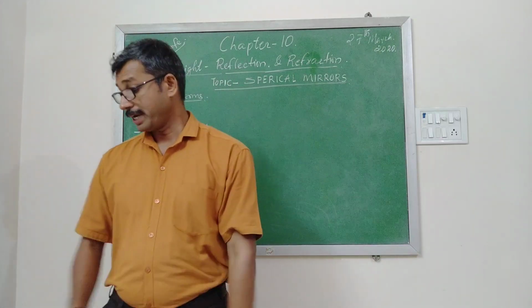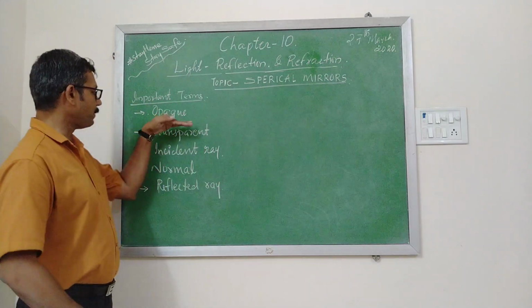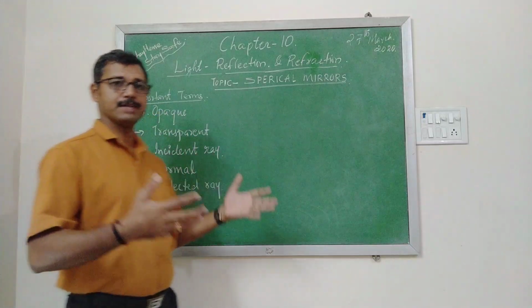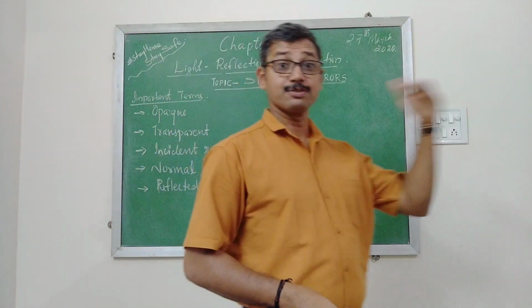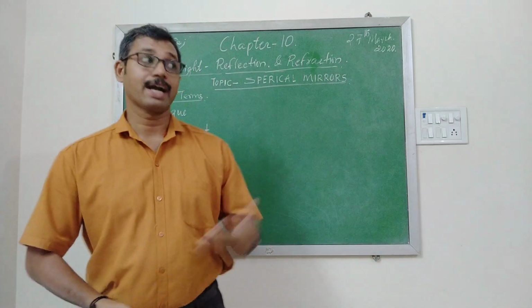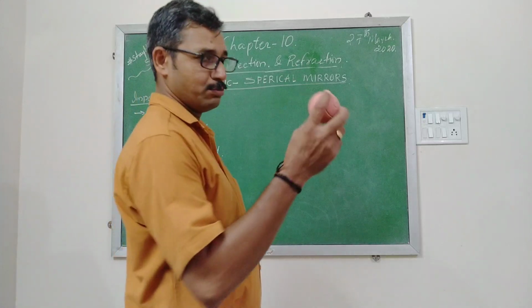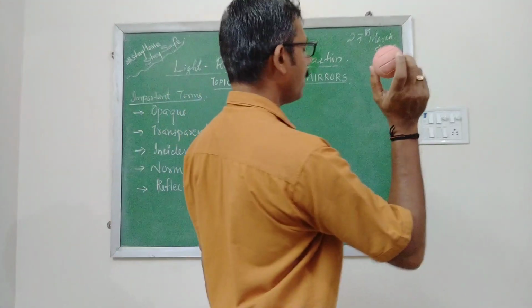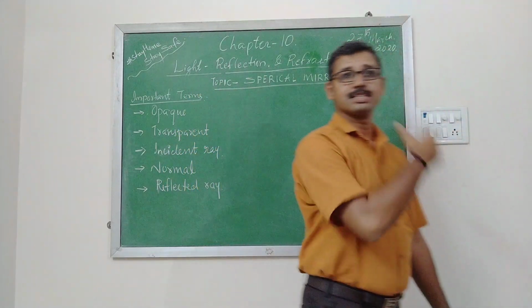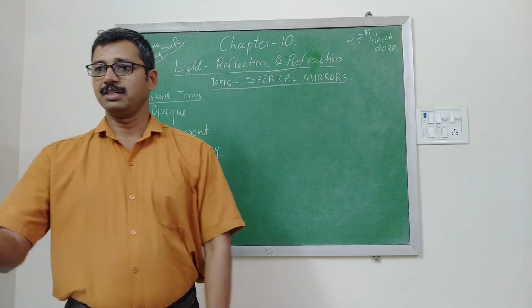Now, you got two terms, that is, opaque and transparent. Opaque means the medium from which the light reflects. Reflects means comes back. For example, if I throw a ball on this wall, you see that it comes back.